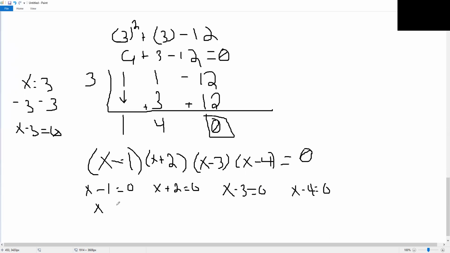So this will be x equals 1, x equals negative 2, x equals 3, and x equals 4. Those are your four solutions to this problem.